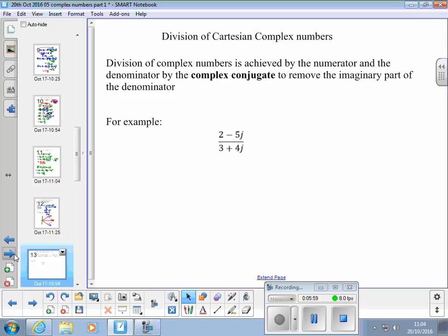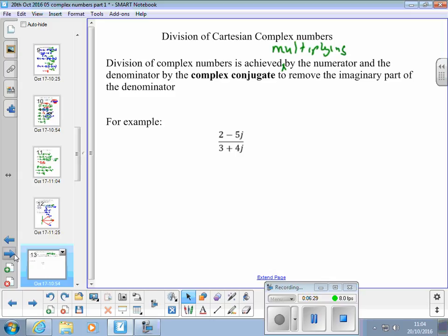It's achieved by multiplying the numerator and the denominator by the complex conjugate to remove the imaginary part in the denominator.